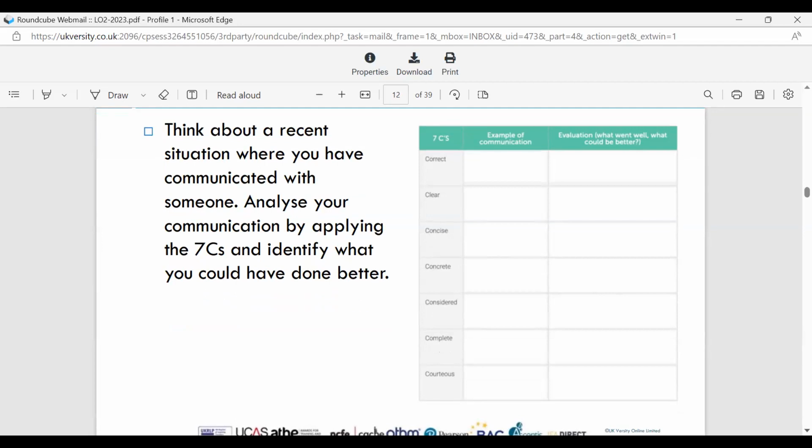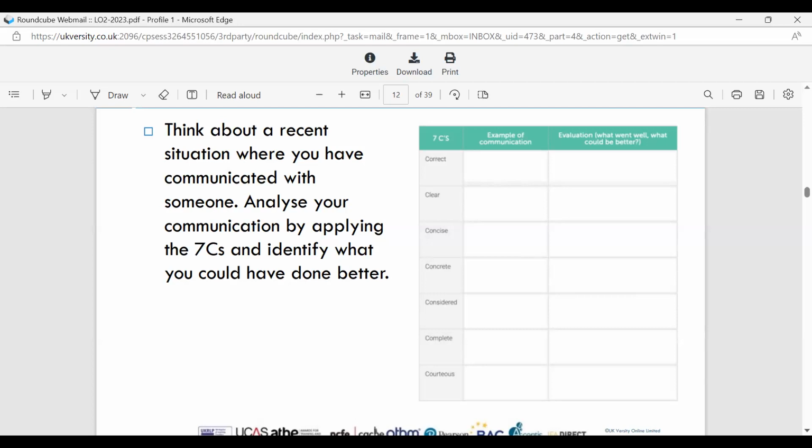Yeah, the first one, which is correct, is giving the correct information to the receiver. And it has to be clear and simple so that the receiver can understand exactly what you want to give out.